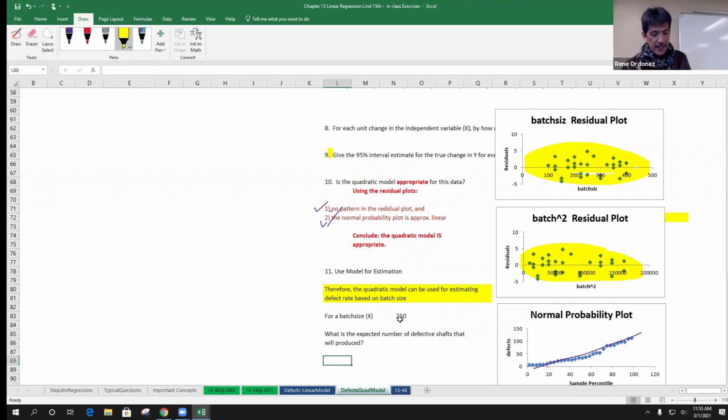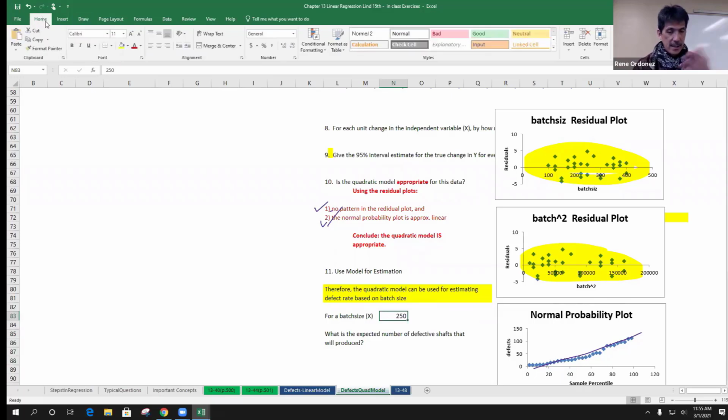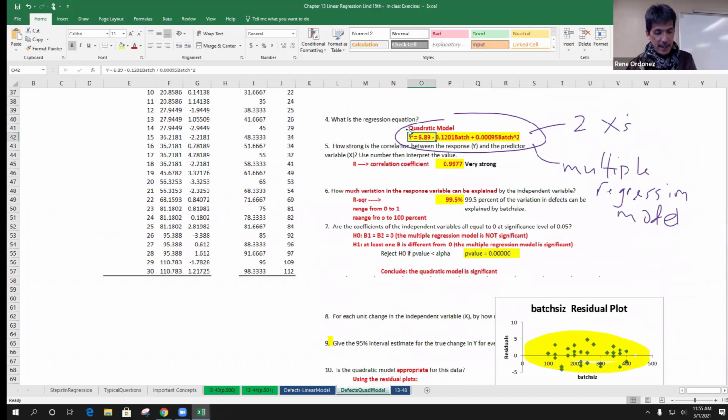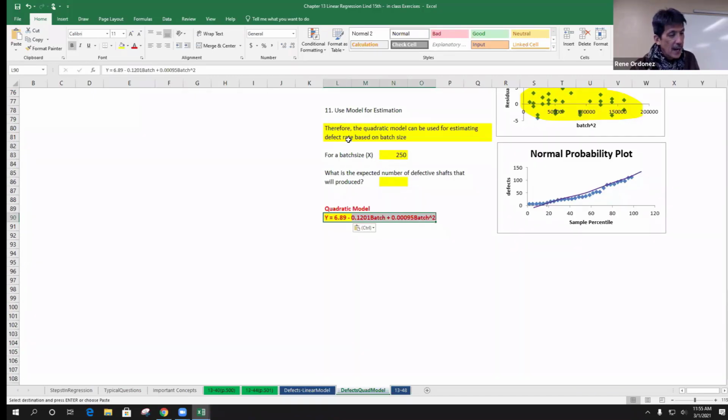Again, let's say that you're the manager of this production outfit, and you decided to run a batch size of 250. The question is, how many of these 250 will be defective? Let me copy the quadratic model. So how would you answer that question?